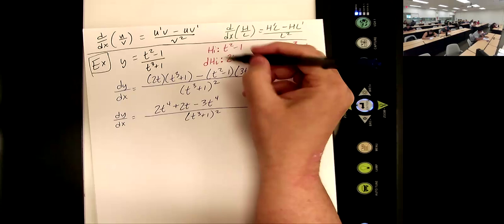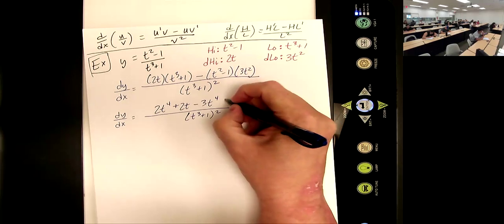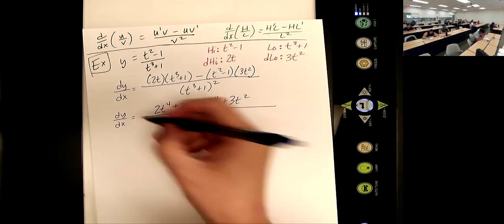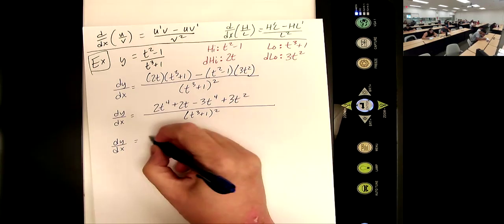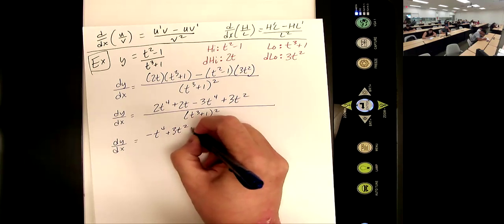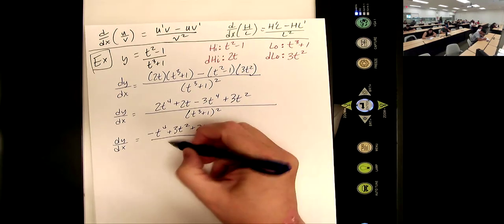And then I've got minus times a minus 1 is positive 1 times 3t squared is plus 3t squared. So we combine like terms, organize them right. Got negative t to the 4th plus 3t squared plus 2t all over t cubed plus one.